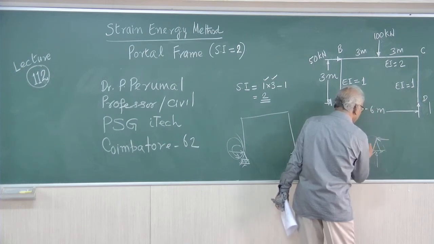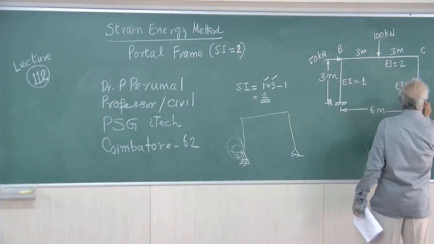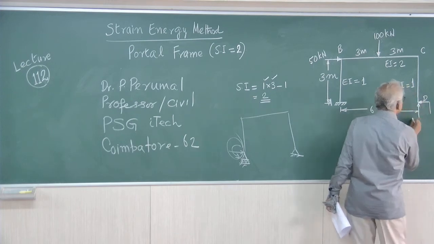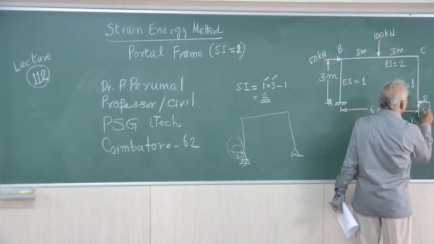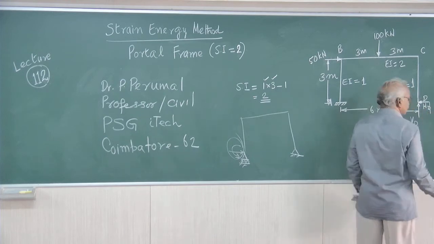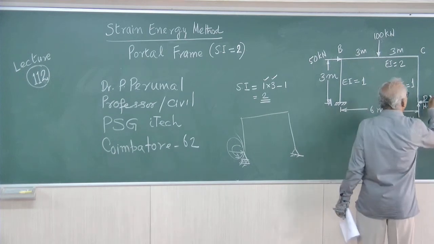So, we have removed this hinge and replaced it by vertical and horizontal forces. So, this is the vertical reaction at D, this is the horizontal reaction at D. So, I think the diagram will be clear up to this.